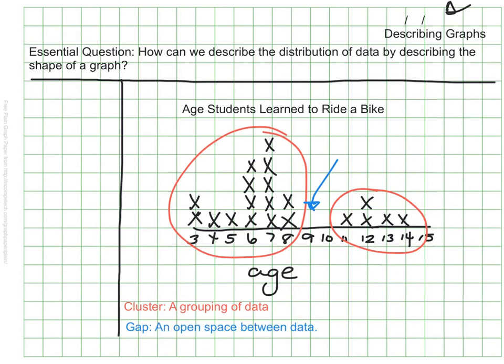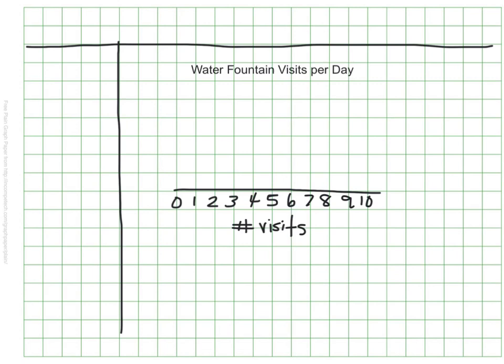Let's look at another set of data. This time our data will show us how many times students went to get a drink from the water fountain during the day of school. First of all, I don't see any gaps in the data. What I do see is that there's an increase as we move up our number line. 3 is clearly our mode.